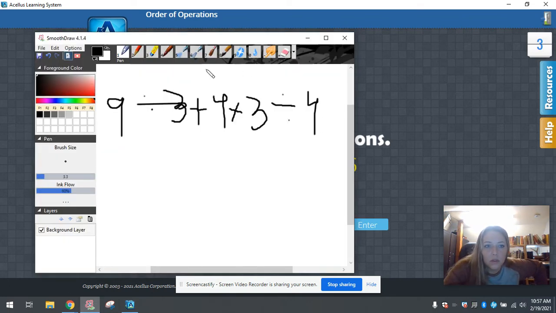Oops. Okay, how do I erase it? Okay, 6. That's funny. It works kind of like a real eraser where it doesn't quite erase the whole thing right away.